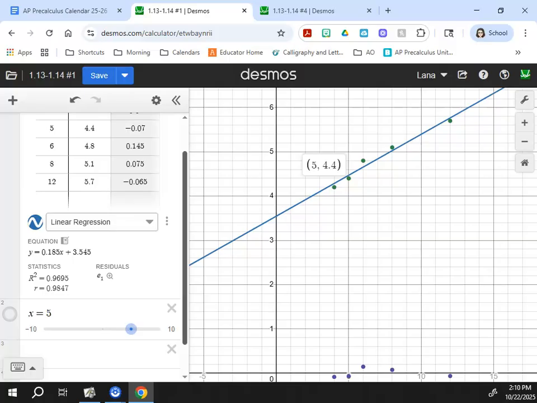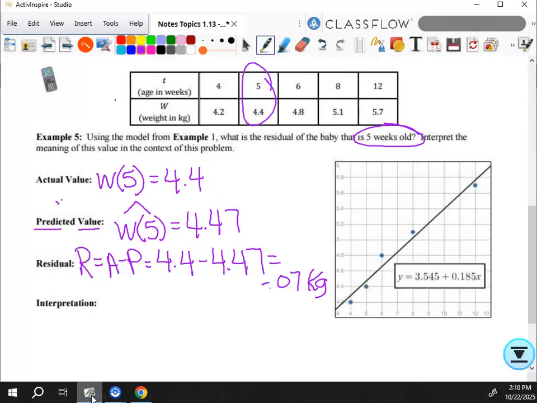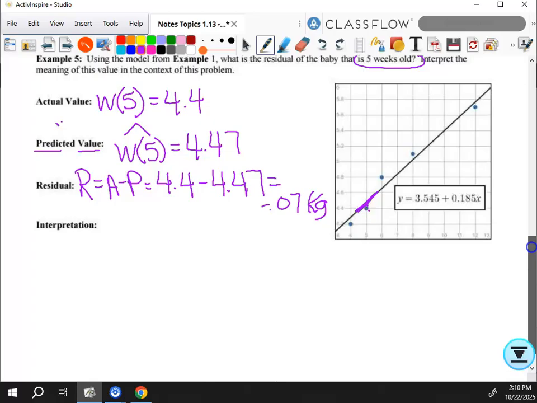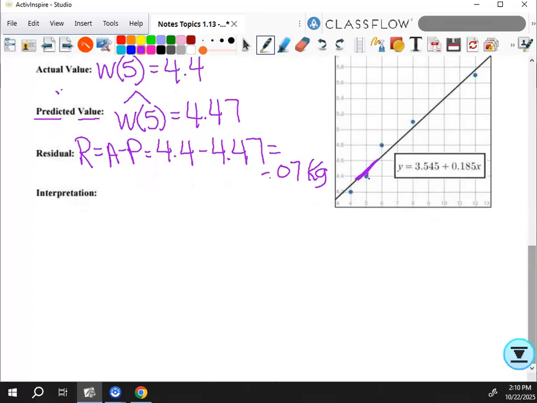So since this is negative, even if I didn't have all this to look at, I do have this to look at. This is where the 5 is, and this is the line. The line is over the point. That is an overestimate. Okay? It doesn't ask us to explain here. We just have to interpret it. So we can say the model is an overestimate.